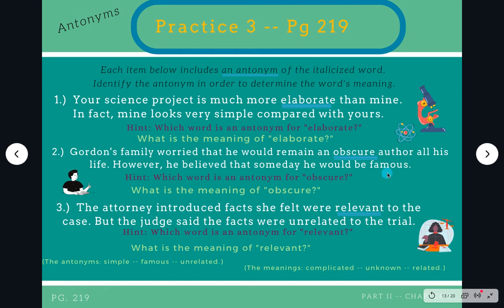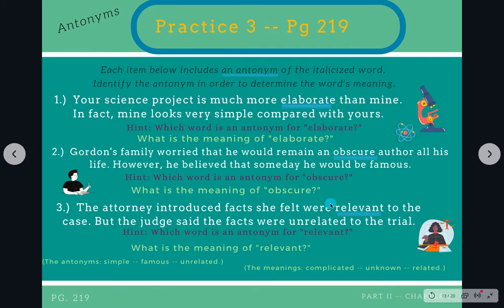And so this word famous is probably the antonym we're looking for, right? So, okay, which word is the antonym for obscure? Famous. That would be the opposite. Therefore, what is the meaning of obscure? Well, what's the opposite of famous? Somebody who remains unknown or, I guess, ordinary or hidden, right? The opposite of famous, right? Not famous. I guess unknown, right?